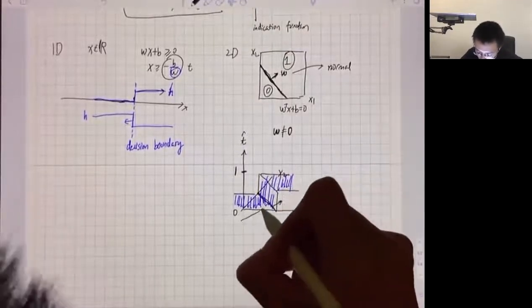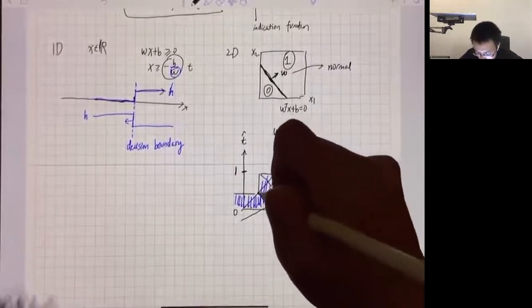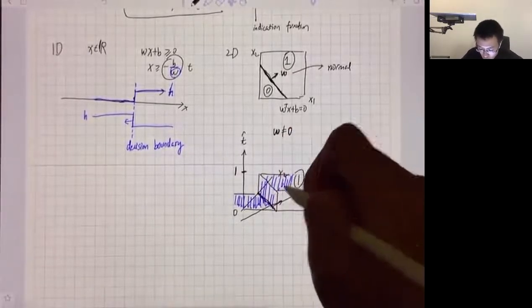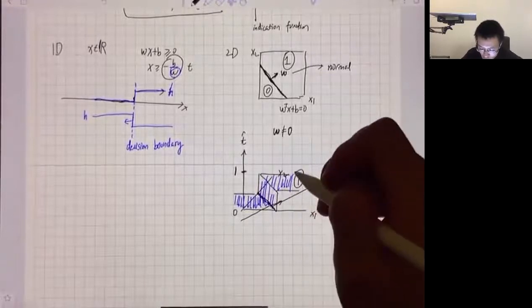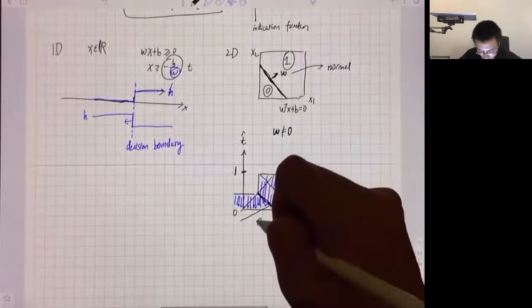If you go in this way, then your goodness increases. If you go the opposite way, your goodness decreases. If you cross the decision boundary, I will predict 1. If you haven't crossed the decision boundary, or you are in the lower half of the space, I predict 0.